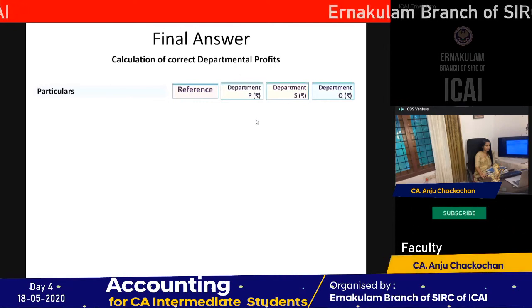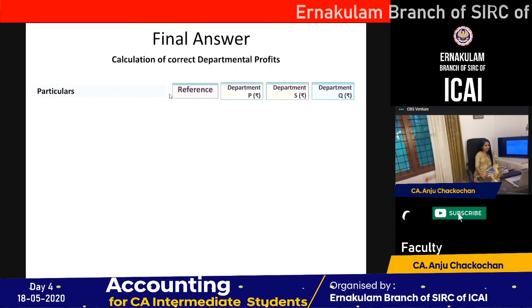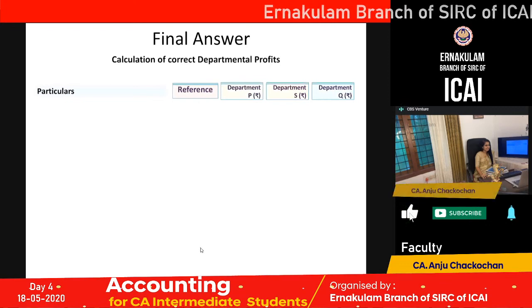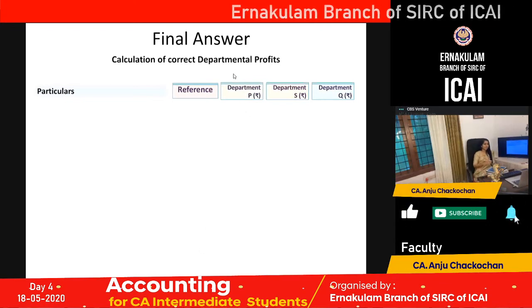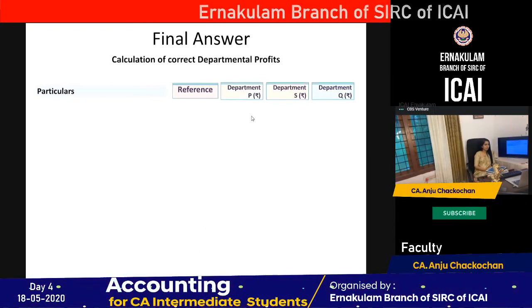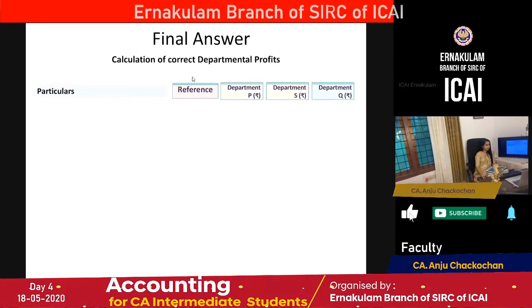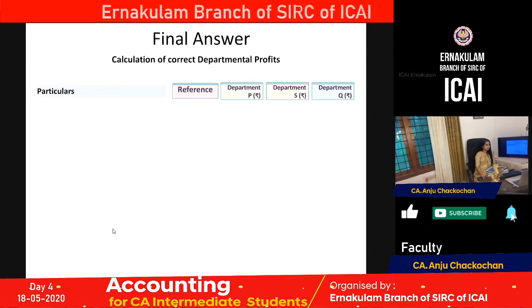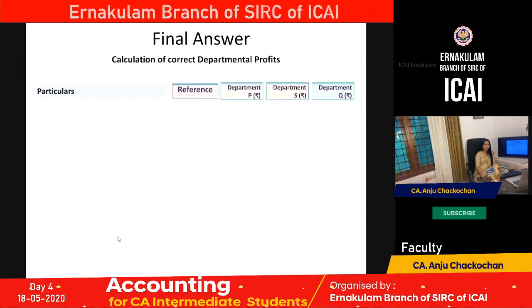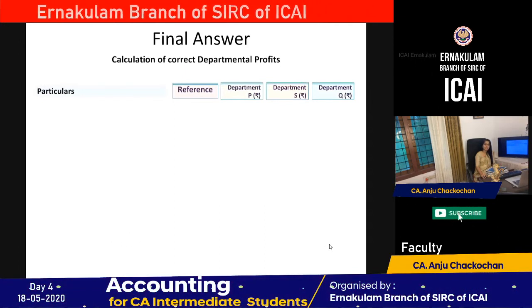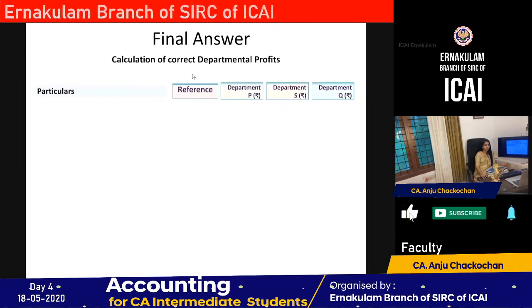Let's wait for others to also complete the answers. Everyone is posting the answers. Yes, Harshida, you can even do that. You can straight away do it as 100 by 90 so that you get the profit amount straight.